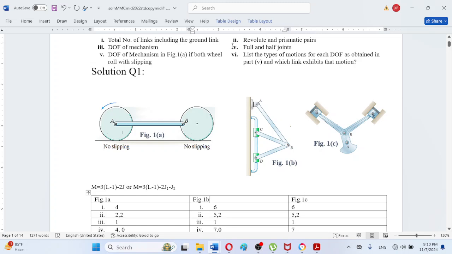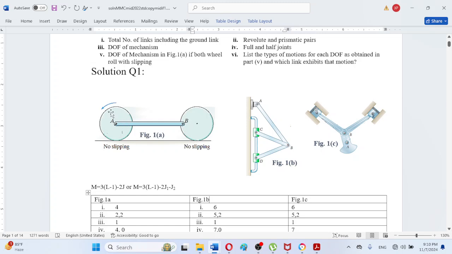For the second requirement, revolute and prismatic pairs, in figure 1a we can observe there are 2 revolute pairs. One is the connection between the right wheel and this horizontal bar at point B. A revolute pair means there is a pin, so the wheel and the horizontal bar can relatively rotate with respect to each other.